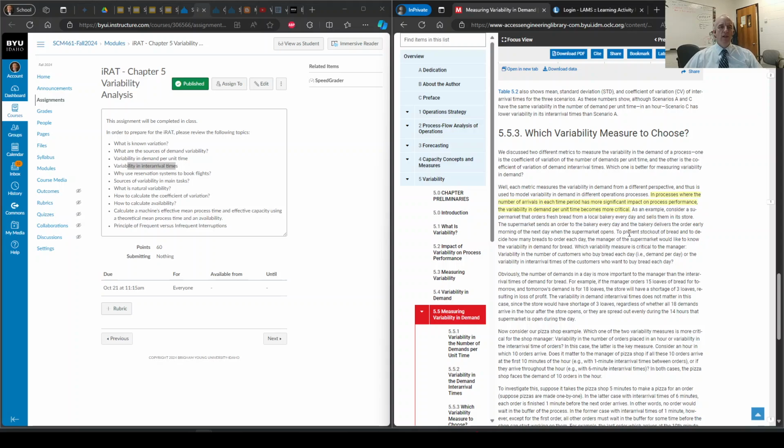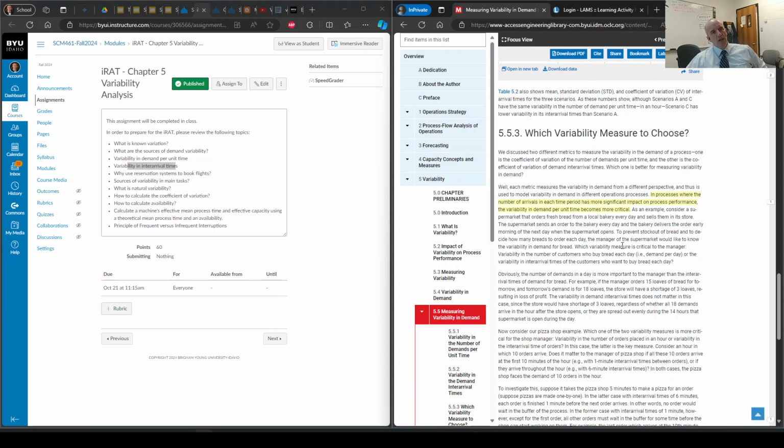And to prevent stock out and to decide how many breads to order each day, the manager would like to know the variability in demand for the bread. Question is, which variability measure is critical to the manager? The number of customers who buy bread each day, demand per day, or the variability in inter-arrival times, they want to buy the bread each day.